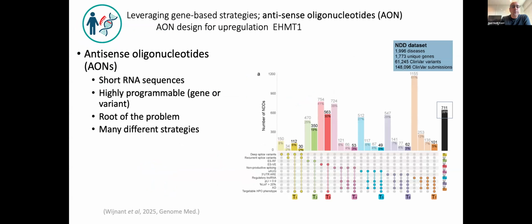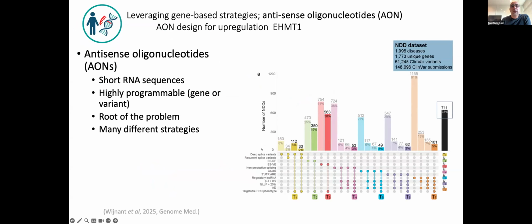And so we recently published a paper where we did more of a theoretical analysis, asking for how many neurodevelopmental disorder conditions any type of antisense oligonucleotide strategy would be applicable.